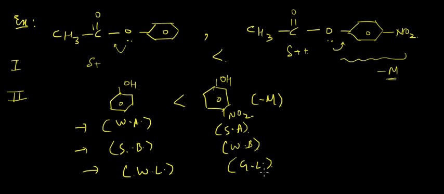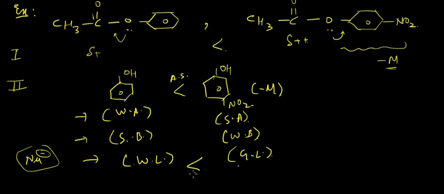Okay, now as this is a good leaving group, nucleophile will be more interested in attacking on this group. Okay, so in this case this was the acidic strength, and in this case this is the nucleophilic reactivity strength.